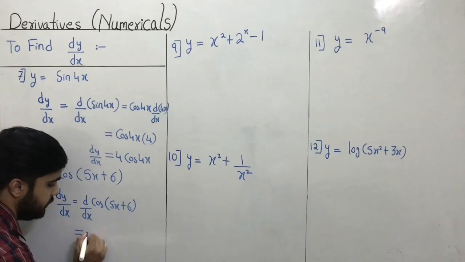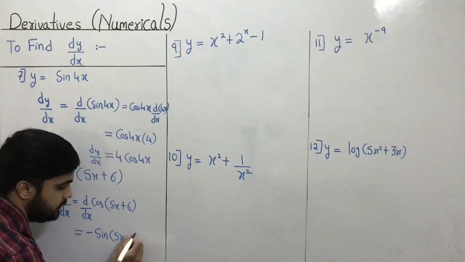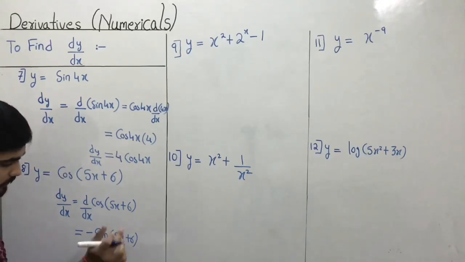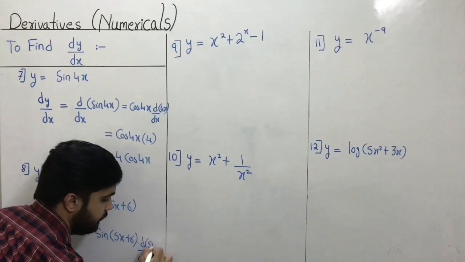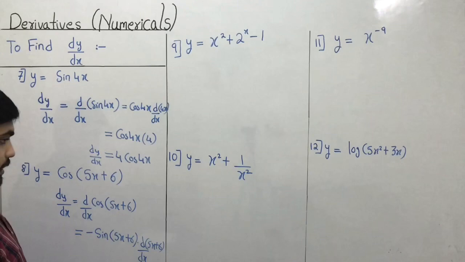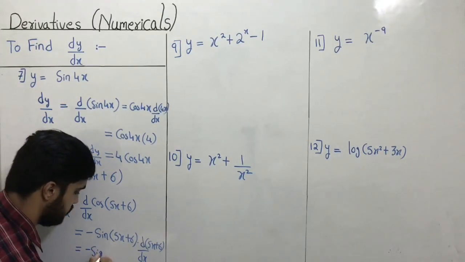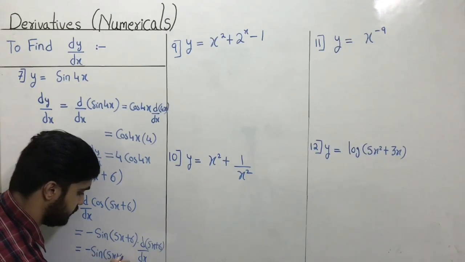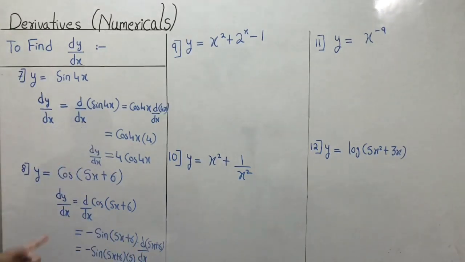Derivative of cos is minus sin, so minus sin 5x plus 6, and according to chain rule we take the derivative of this function, so we write d by dx of 5x plus 6, which is 5. So we can write it as minus sin 5x plus 6 into 5. So this is dy by dx of this function.